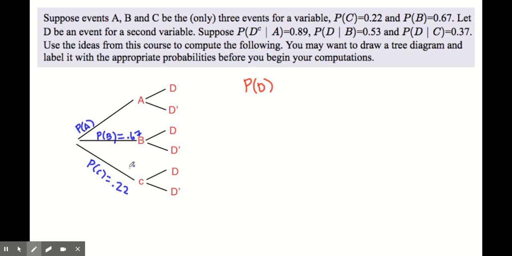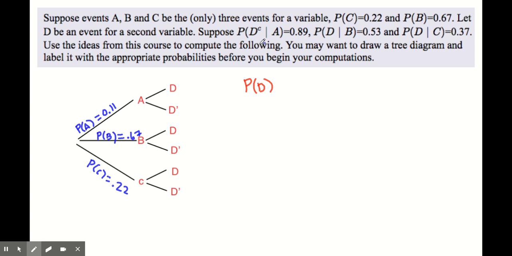So 0.22 plus 0.67, which is 0.89, would leave us a remaining probability for A of 0.11. And we can check that: 0.11 plus 0.67 is 0.78, and 0.78 plus 0.22 is indeed 1. So the sum of these three branches has to add up to 1.